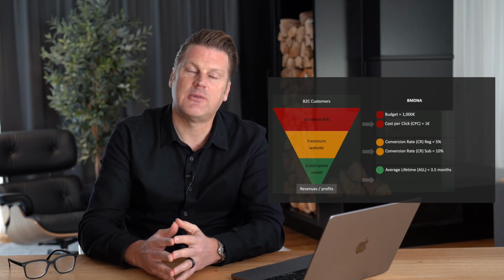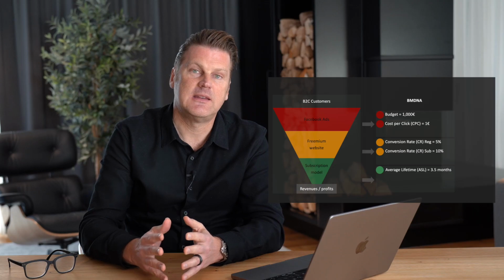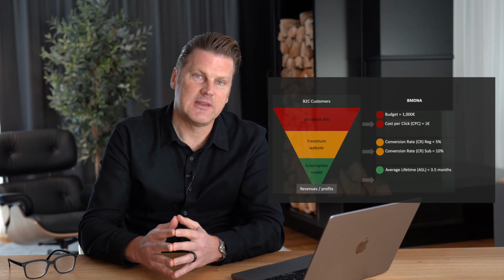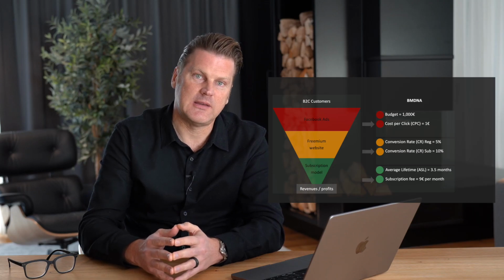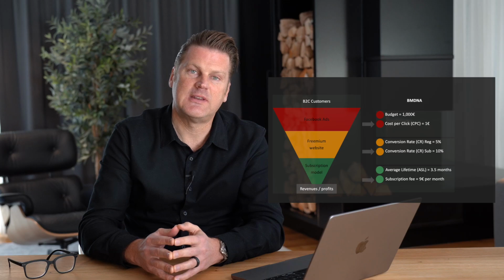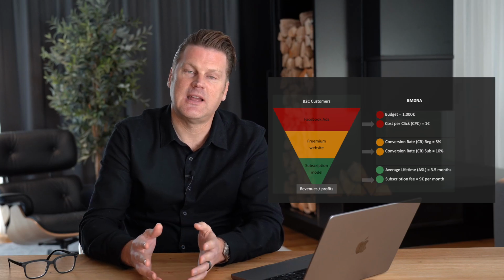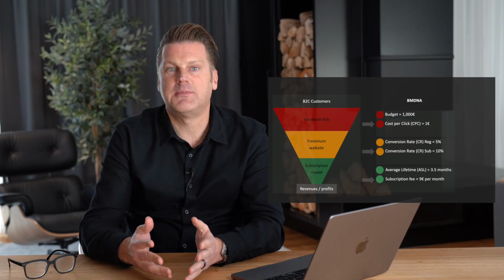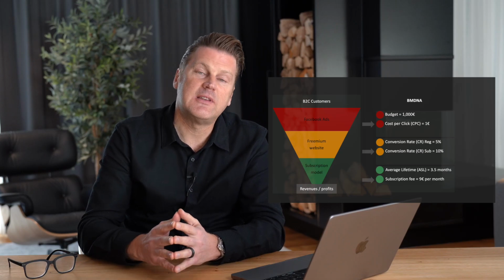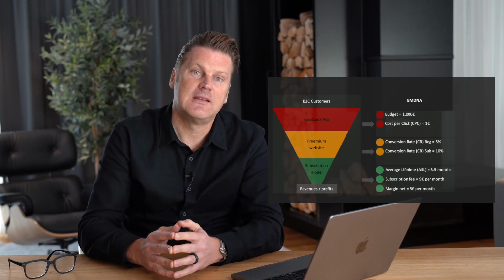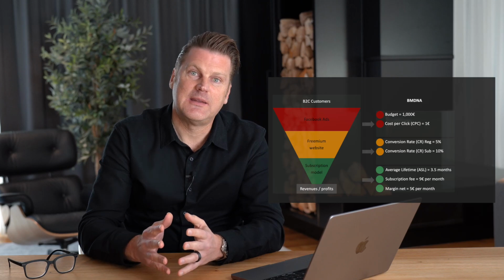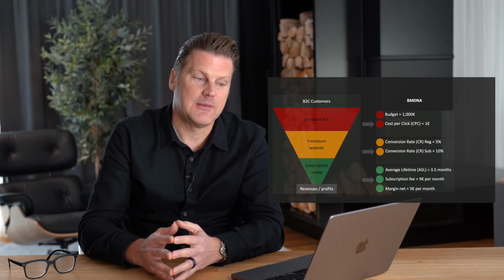So on average it was 3.5 months. The next metric would be the subscription fee per month, which was €8.99 including VAT taxes. So let's say it's €9. And the last metric would be the margin within this price. That's the business model DNA for this simple example.